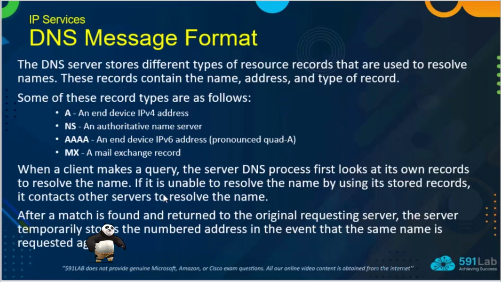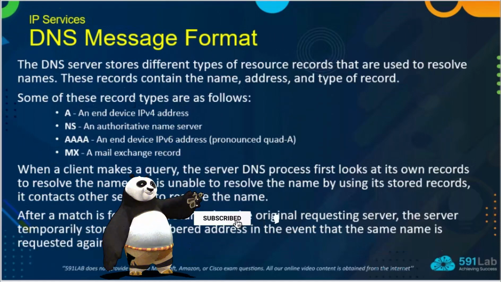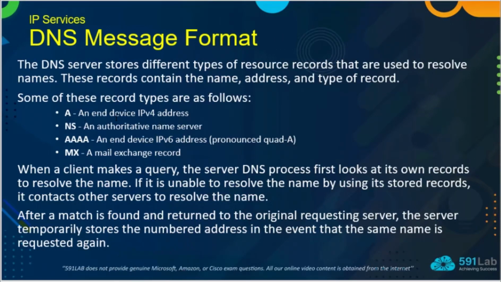Alright, so DNS has different records. So we have A, an endpoint device IP, NS, AAAA, and MX for mail exchange records. Your DNS server stores different types of resource records.